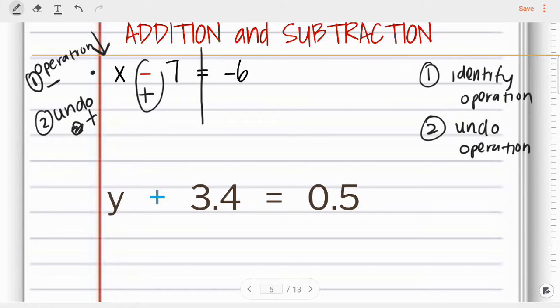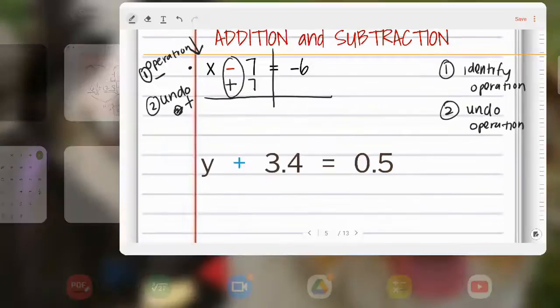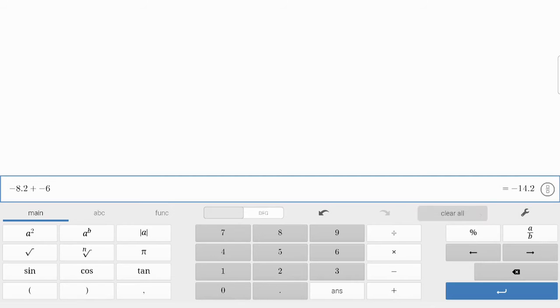These operations are going to undo each other. So notice what happens. If I were to type in my calculator, and I'm actually going to type it in this calculator for the first time, positive 7 minus 7, what is it that I get? I get a 0.